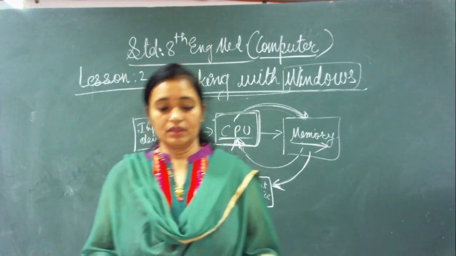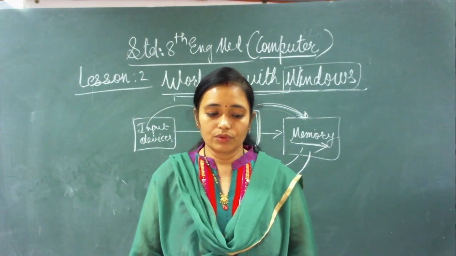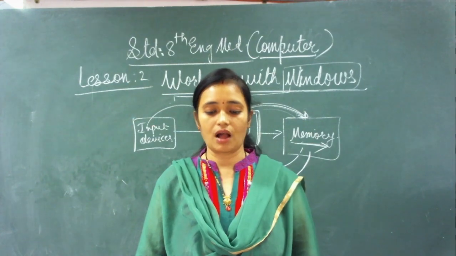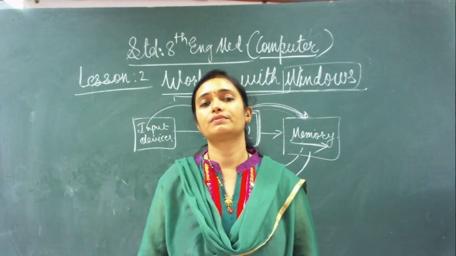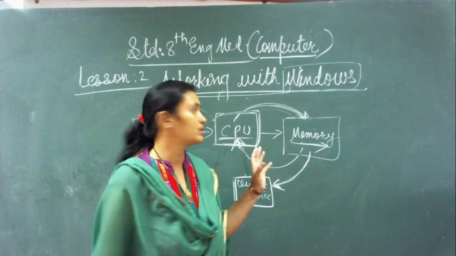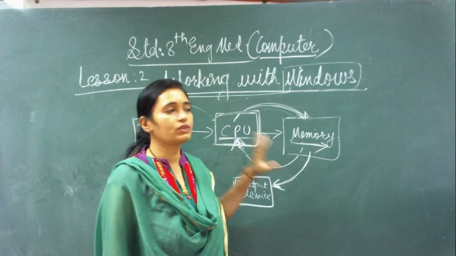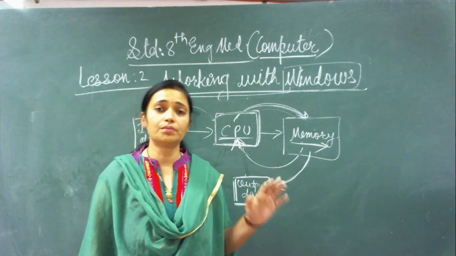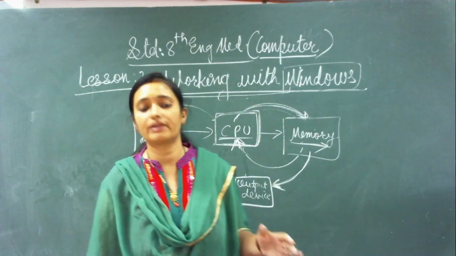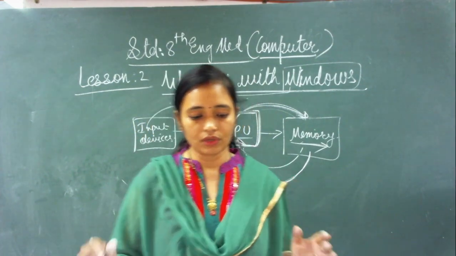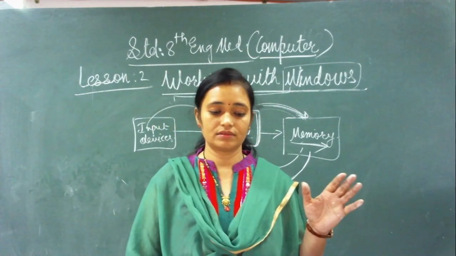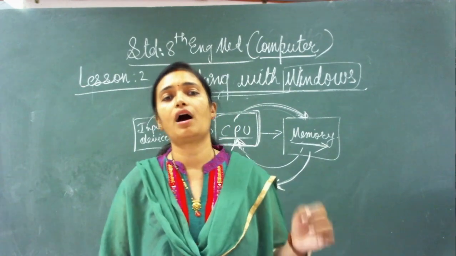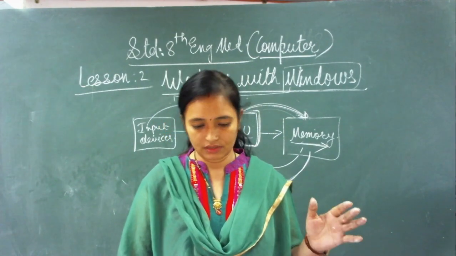right? But how does the CPU know what is to be done, when it is to be done, and how it is to be done, right? The CPU will work in this way and control and manage all these functions. But the main question is how the CPU knows when a function is to be done and how it is to be completed.